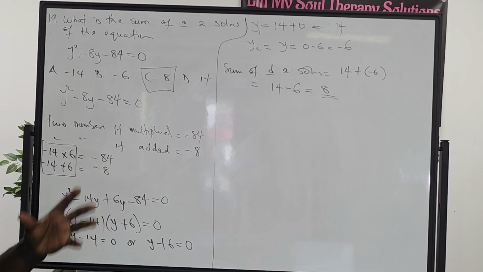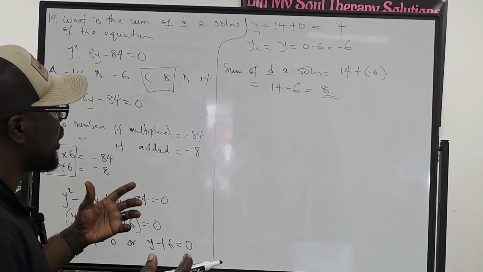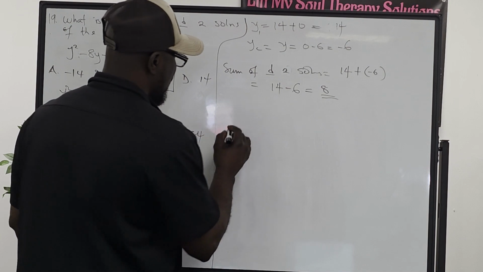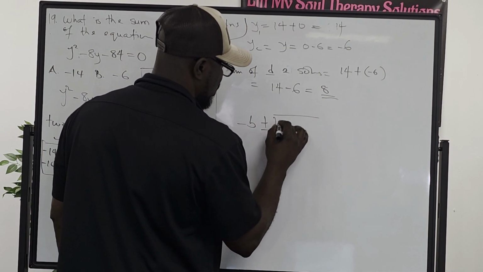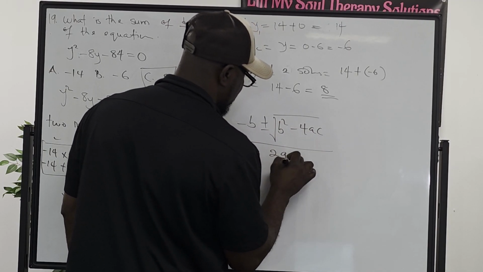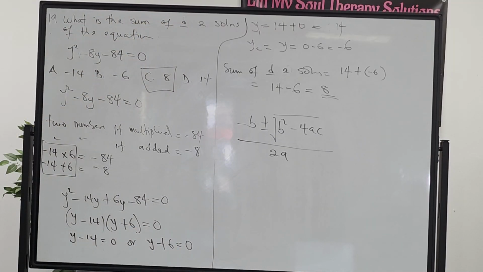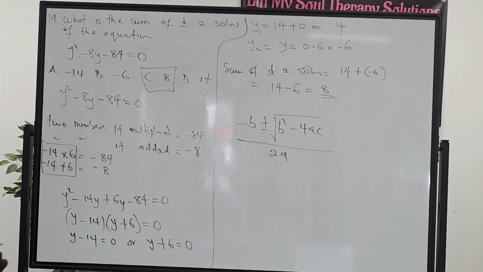Another way you can get a solution, which in this case is harder, is the quadratic formula: x equals minus b plus or minus the square root of b squared minus 4ac, over 2a. If you want to go this route, it's going to be longer, and in an exam situation you have short time.